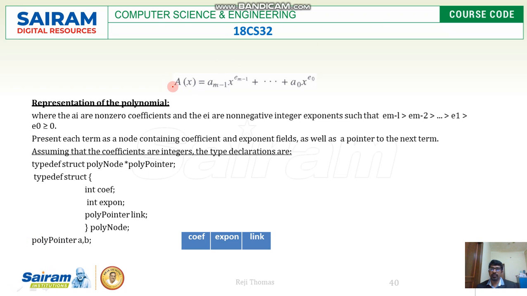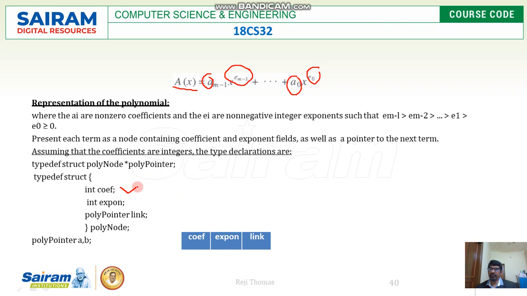So this is a polynomial called A of x, and a is going to be the coefficient, and this is the exponent, and this is again a coefficient, and this is the exponent. To represent this polynomial in the form of a list, we need to take a structure with three parameters, or we call them members.